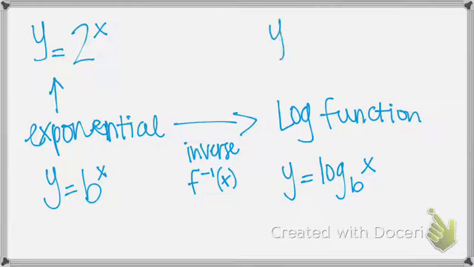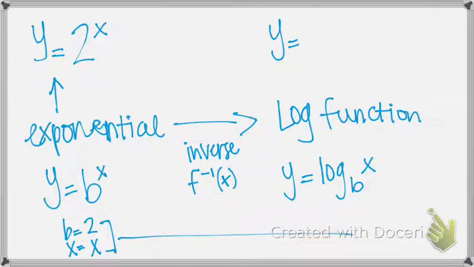Now, notice the y does not change. Okay? Now, look at the exponential. What does b equal? B equals 2. And what does x equal? X just equals x in this case. So you are using these two values and putting them in this log. So y equals log base 2 of x. That's as hard as it gets. Okay?